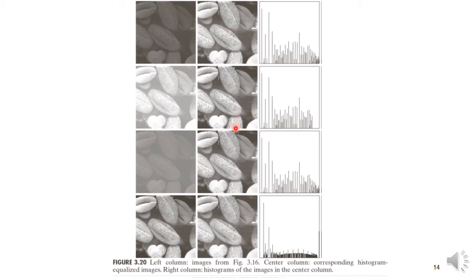This center column has been obtained after histogram equalization upon the corresponding image. The image has been converted into this image, and this is the histogram of this converted image. Like this, the right column is actually the histogram of the images which are in the center column.